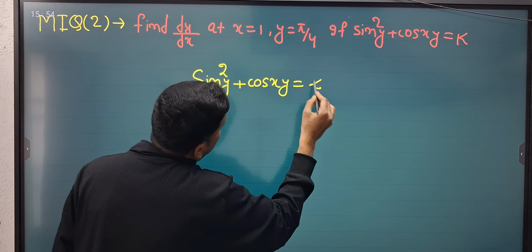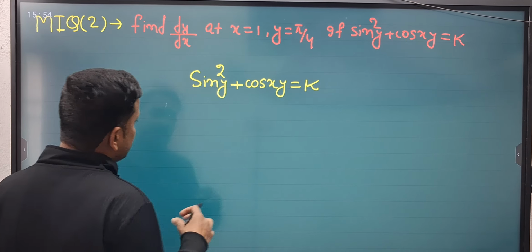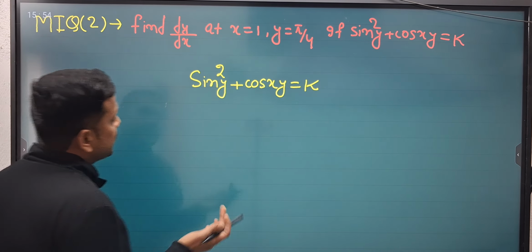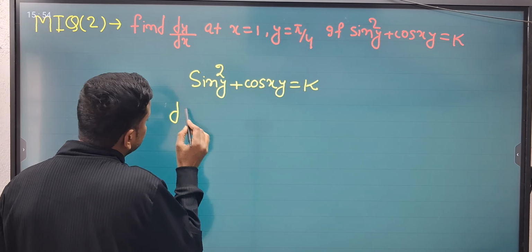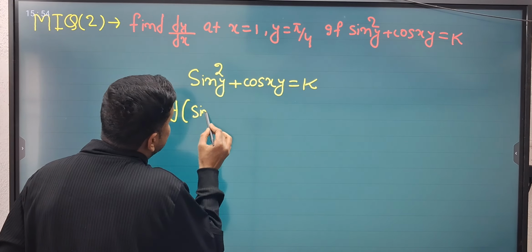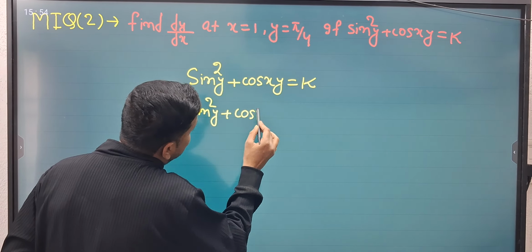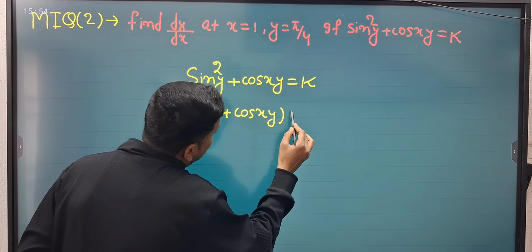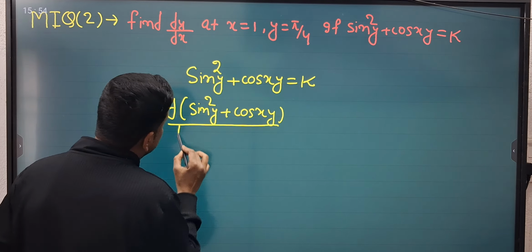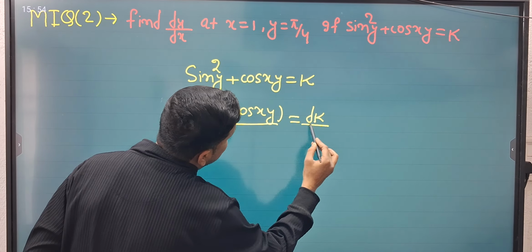On differentiating both sides with respect to x, we will get dy by dx. So we have to differentiate both sides with respect to x. So I can write d of (sin square y plus cos xy) by dx equals dk by dx.